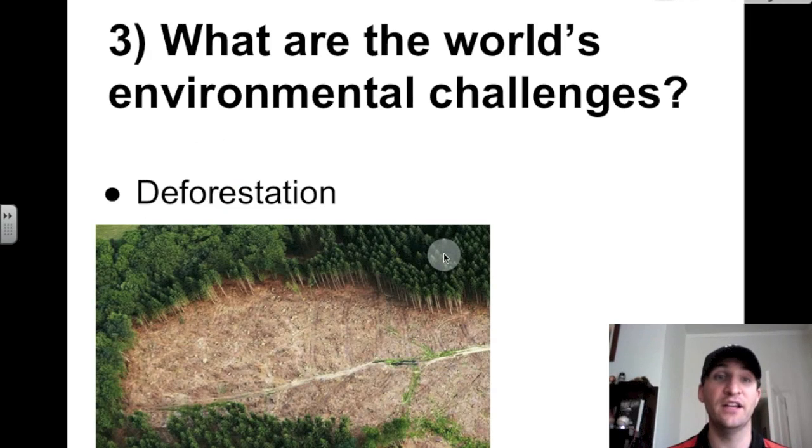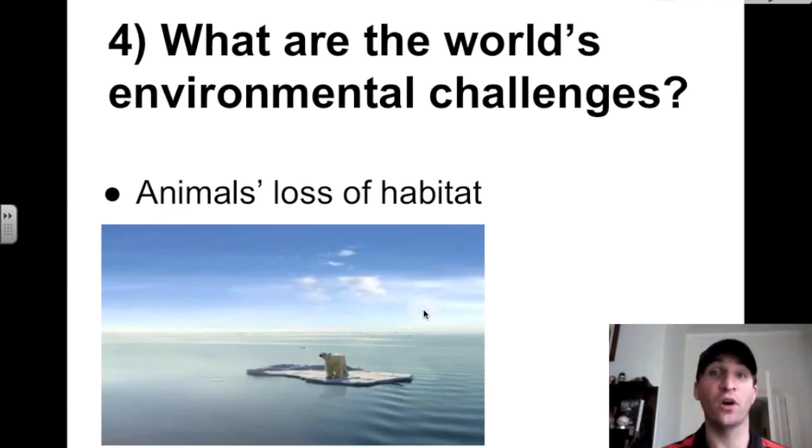Number 3, deforestation is an environmental challenge. And you see this photograph here that shows deforestation, the cutting down of trees, which can lead to environmental challenges affecting our air supply. Number 4, animals' loss of habitat.